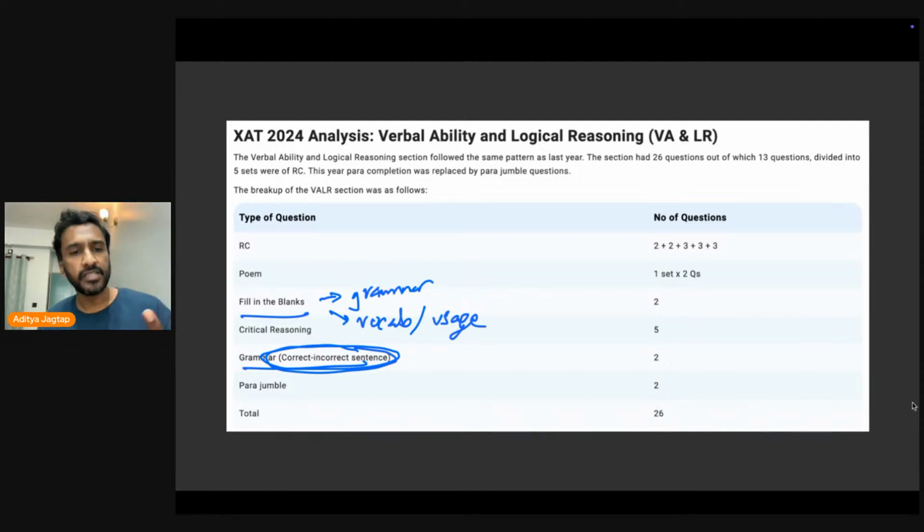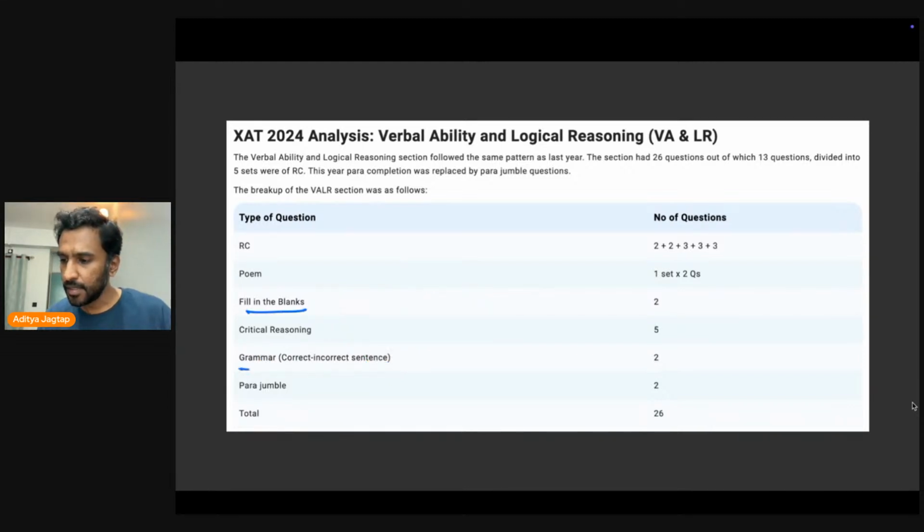They essentially give us some version of a sentence correction question. Now, I would say that these question types are not as difficult as compared to all the others that are asked in the XAT exam. And I'll also discuss how to prepare for these question types very briefly. Right? So keep this idea in mind. I'll just get to that shortly.